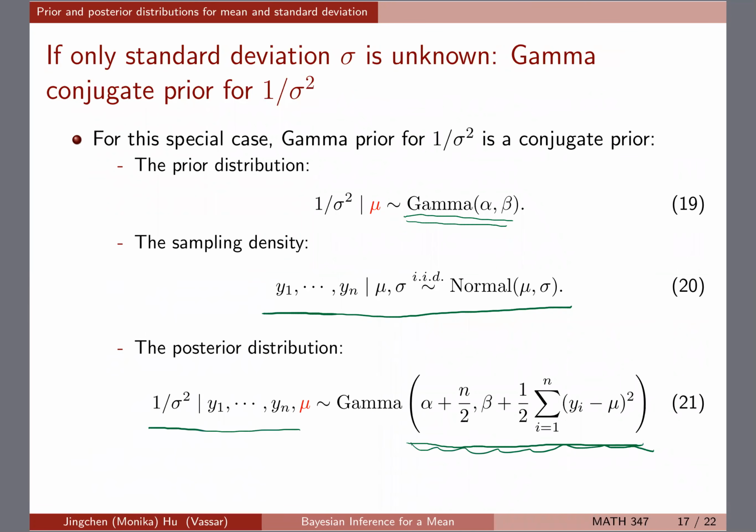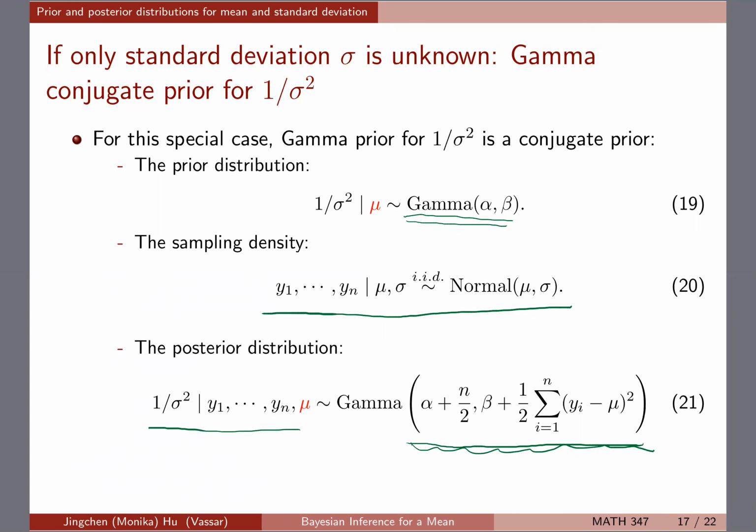Okay. The details, we're going to look at in a minute. But this shows that gamma is a conjugate prior for the precision if your sampling model is normal. Okay, so you start with gamma alpha beta, and then you get to another gamma, which is a little bit more complicated, obviously. We're going to see how you can do it. And then we're going to go to the lab.